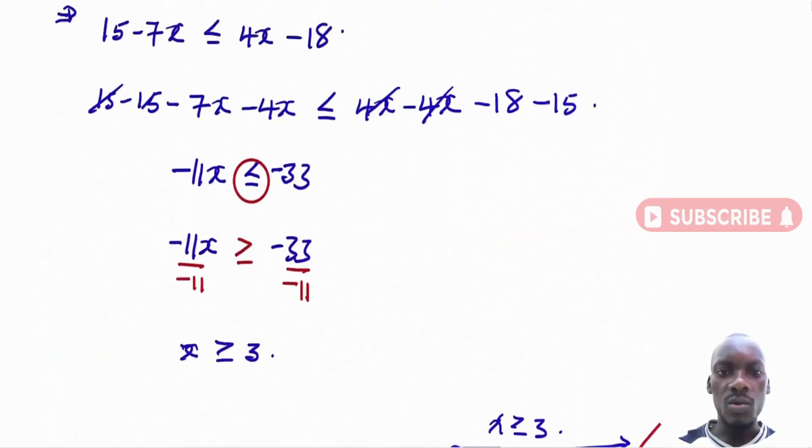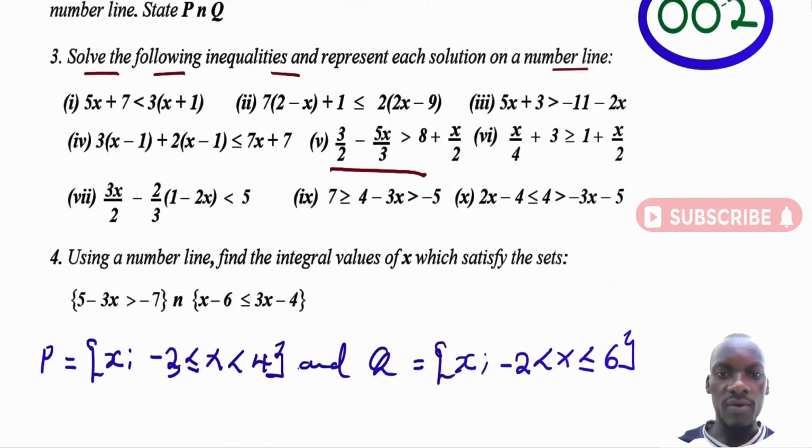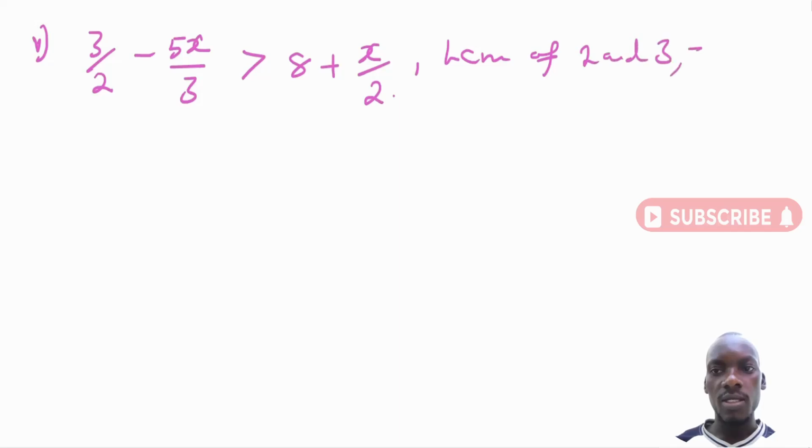We can now proceed to Roman numeral 5 of our question. So this is Roman numeral 5. We have 3 over 2 minus 5x divided by 3 greater than 8 plus x divided by 2. So in here we can just use the LCM of the denominators, 2 and 3, which is 6.